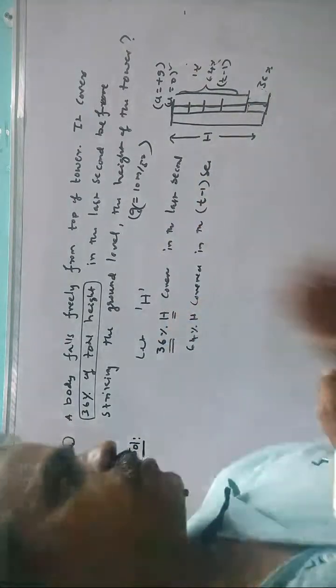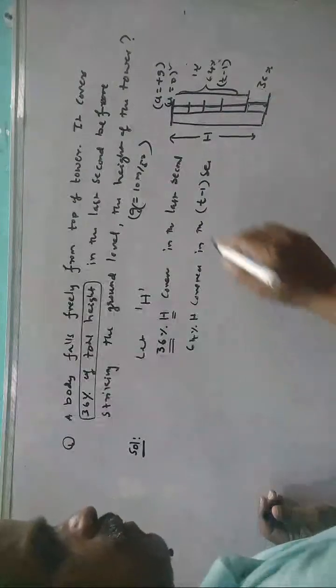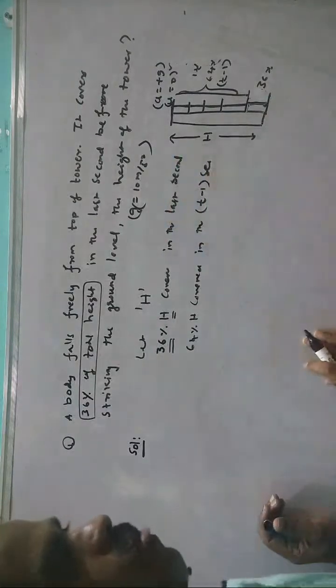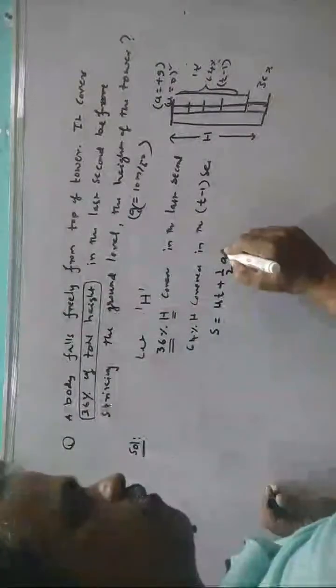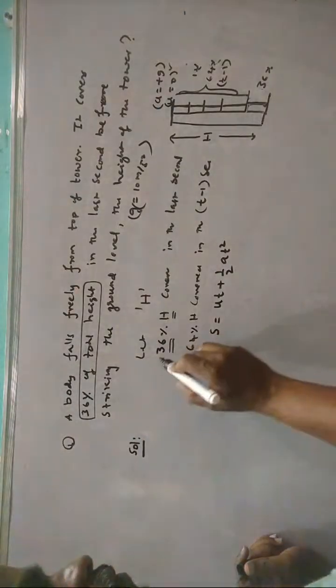For this, you just write the formula. So for the last second, s equal to ut plus half at square. Use this second kinematic equation.